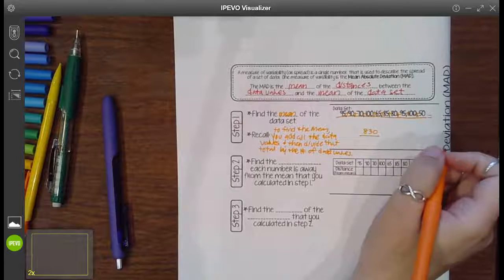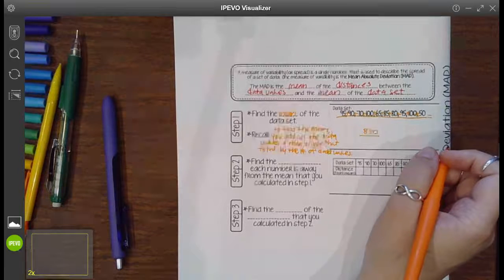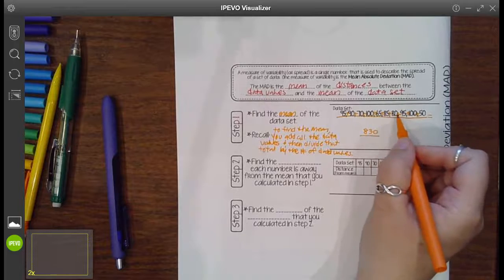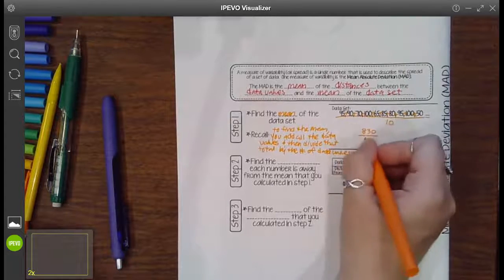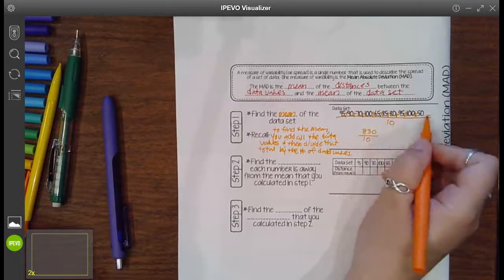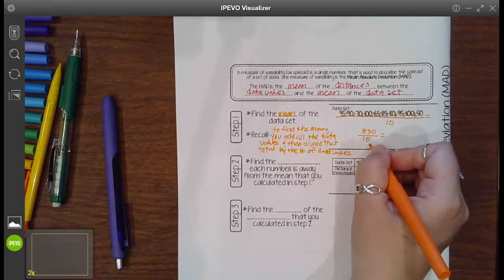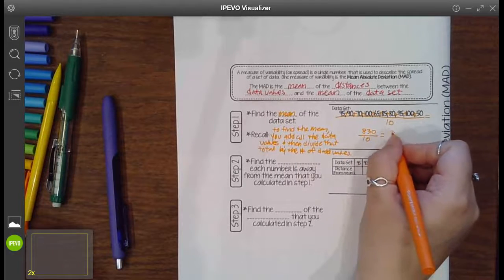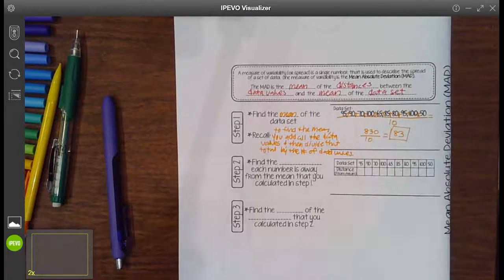But you're not done, because you're going to then divide it by the total number of data values that you have. So there's 1, 2, 3, 4, 5, 6, 7, 8, 9, 10 numbers in this data set. So you take that total of all the values and divide it by how many data values there were, and that's your mean. So 830 divided by 10 is 83, which means the mean of this data set is 83.